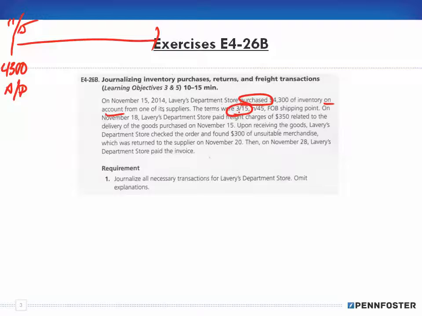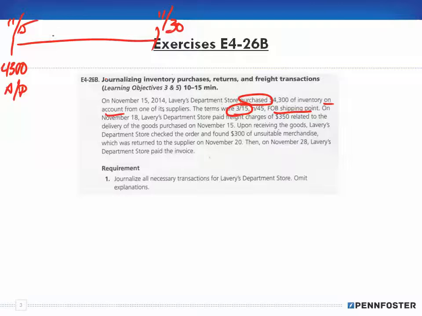The terms are 3% 15, so 15 days from 11/15 gives us 11/30. All right. FOB shipping point. All right. So remember what FOB shipping point is. Freight on board shipping is, when does title pass, and it's paid on the destination, right?